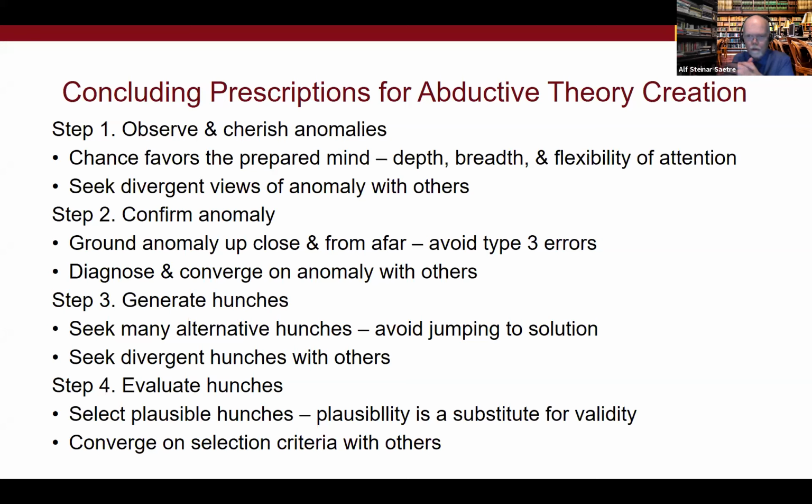So here the inclusion of diverse perspectives becomes very important. And in step 4, of course, it's the usual selection biases and errors that you can make in selecting the best hunches that you're trying to avoid. So that's just a little repetition on those things. And that's why you have this process. And in our rather complex world, the collective level becomes incredibly important.